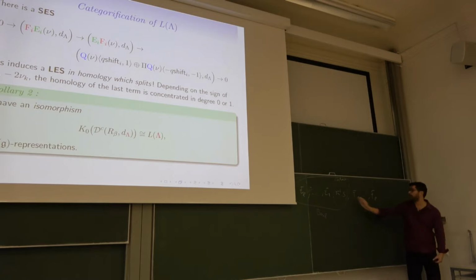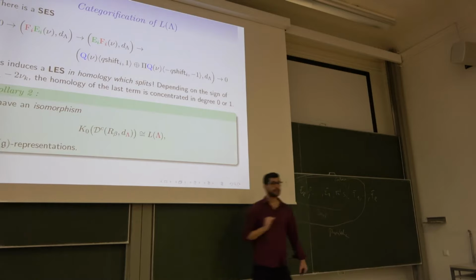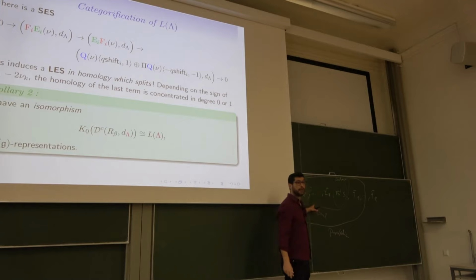We have intermediate steps. So we can consider a bigger algebra that contains the Borel. So let's say here. And you call this parabolic. So a parabolic subalgebra is an algebra that contains a Borel.